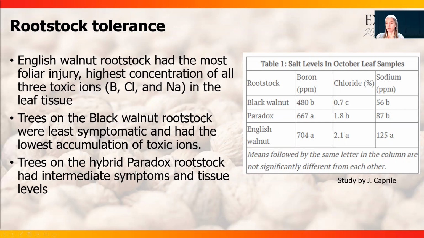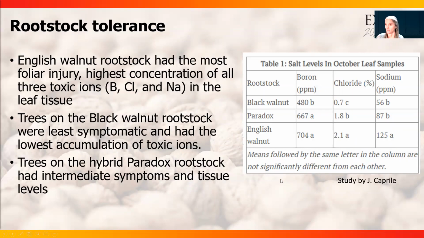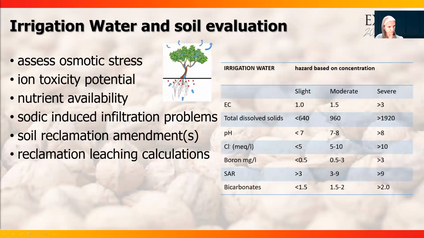Trees on the hybrid paradox rootstock had intermediate symptoms and tissue levels. Those conclusions correspond to the levels shown here for those three toxic ions. And you can see significantly higher levels of those in the English walnut rootstock compared to the paradox and black walnut in most circumstances.